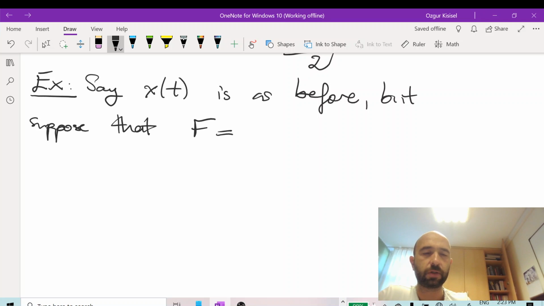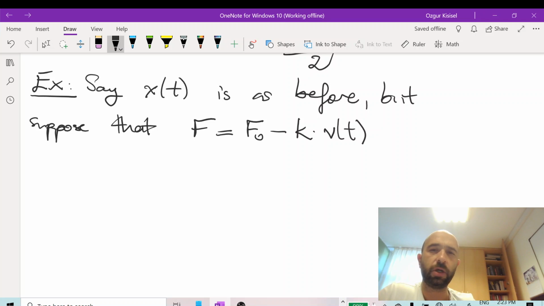The force is some F0 minus some constant times the velocity. Okay, might sound a bit strange. So the force is not constant. It is rather some constant force minus some other constant factor times the velocity. Since velocity changes in time, the force also changes in time. So F0, k are constants.